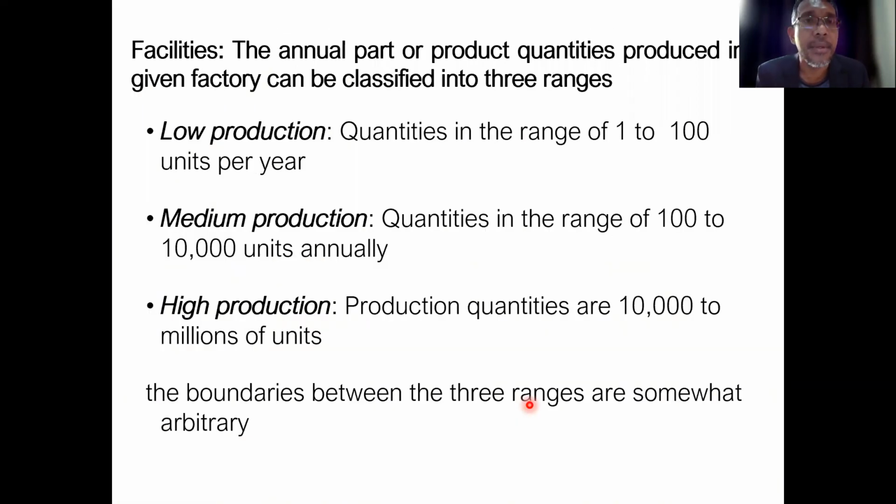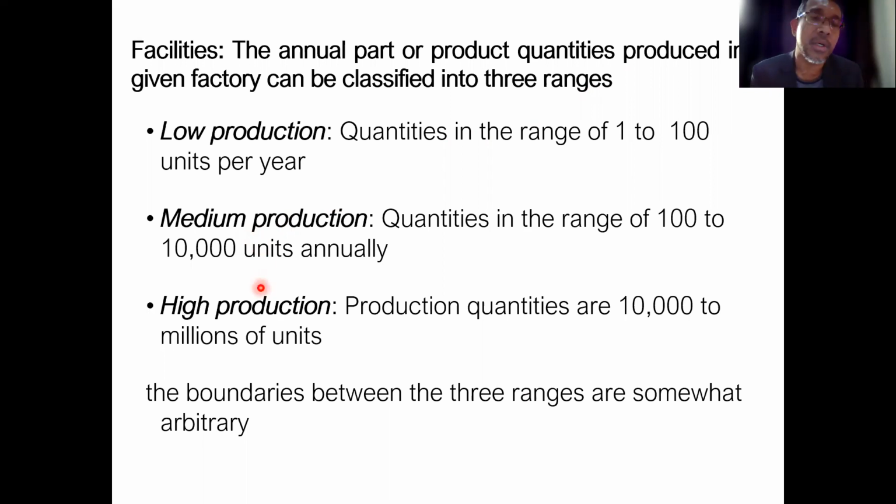Then, we already discussed this last week. The range of product quantities produced in the factory can be classified into three ranges: low production, medium production, and high production.